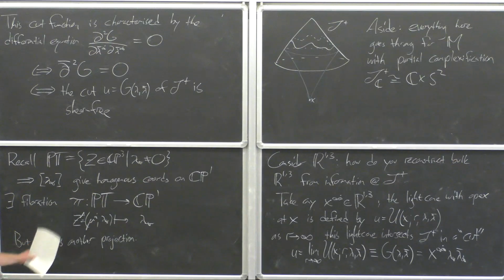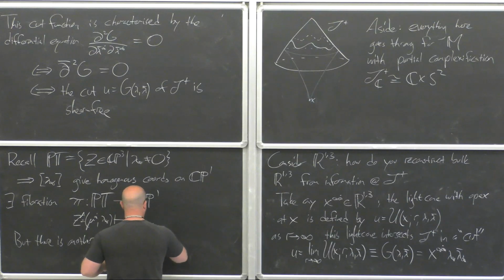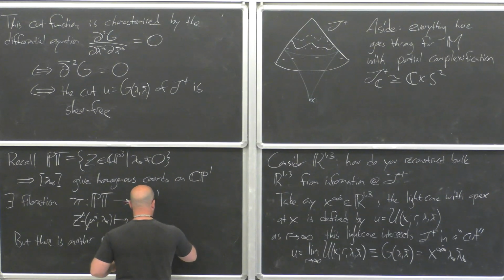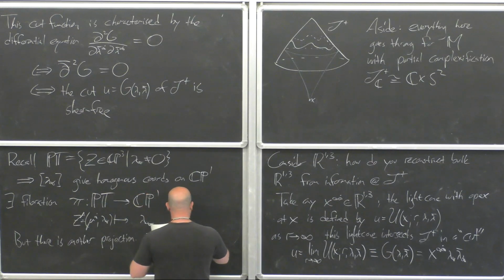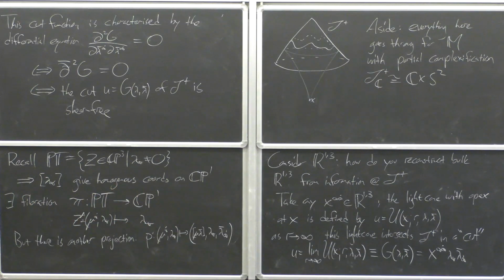But there's another projection that we can define which is not holomorphic. Let's call this one P, and it's going to send mu^alpha-dot, lambda_alpha to the square bracket [mu lambda-bar] over [lambda lambda-bar]. Okay?